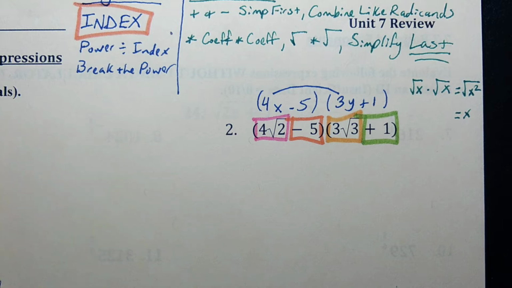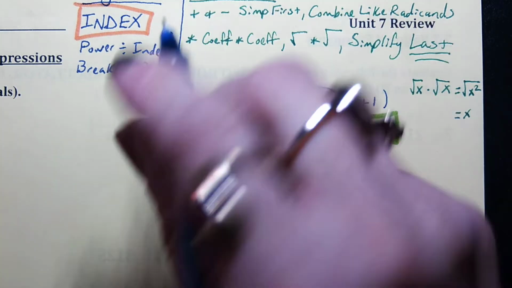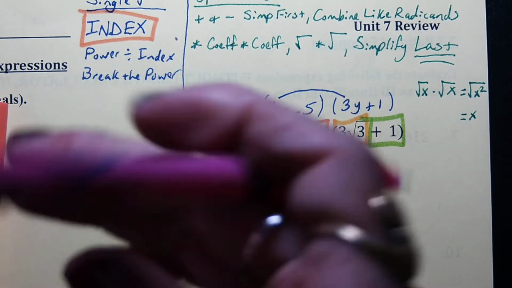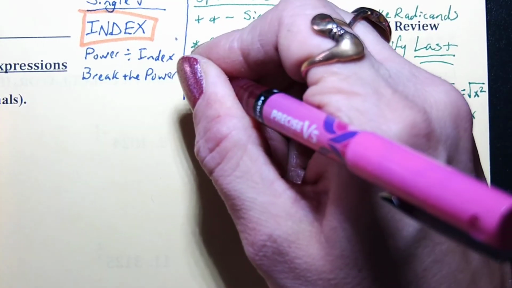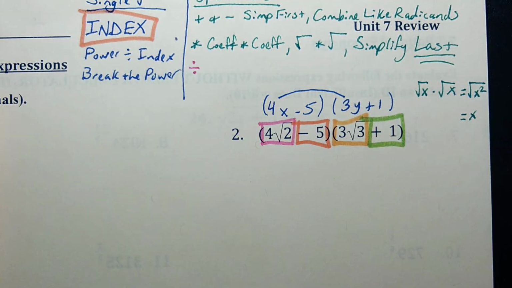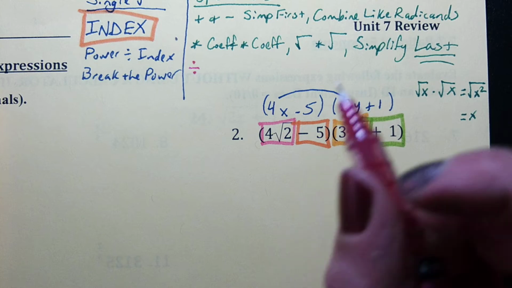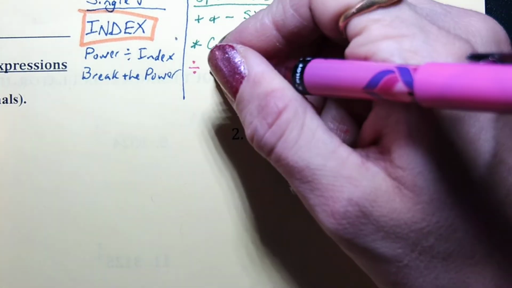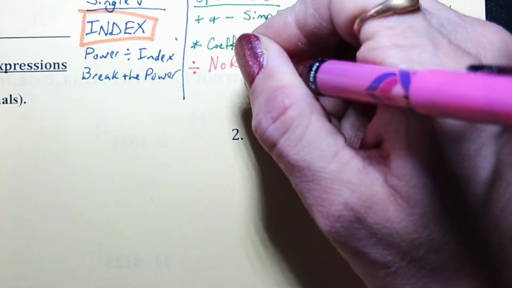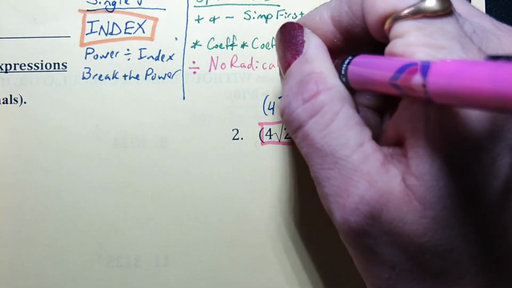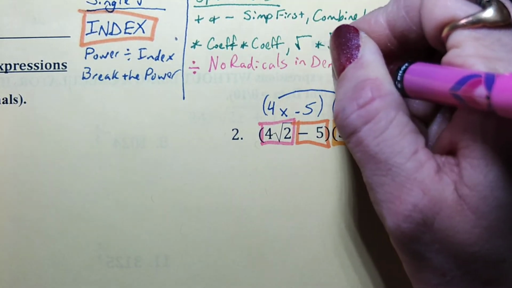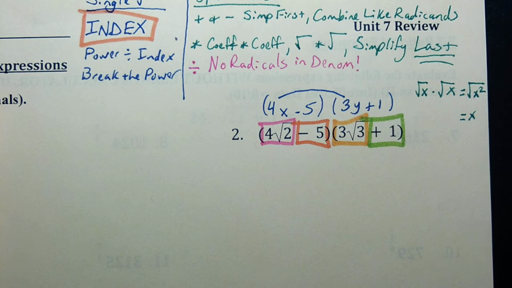So folks, our last operation, the bad one, is division. And the thing with division is we don't really divide radicals because we have this rule that says no radicals in the denominator. So instead of actually dividing, our goal with these is we want to try to get rid of any radicals that we have in the downstairs.